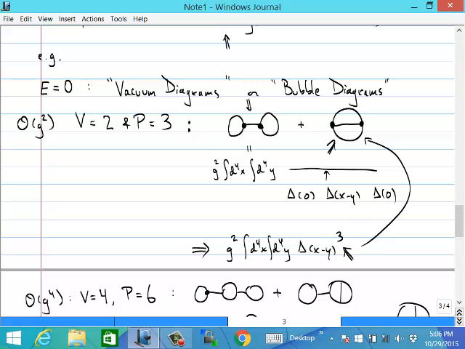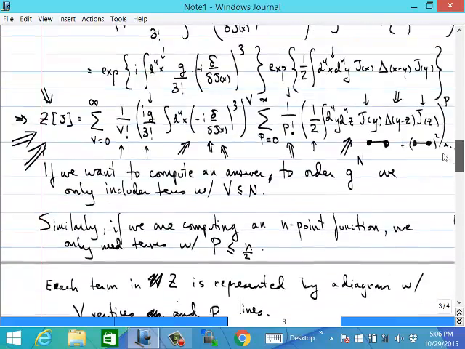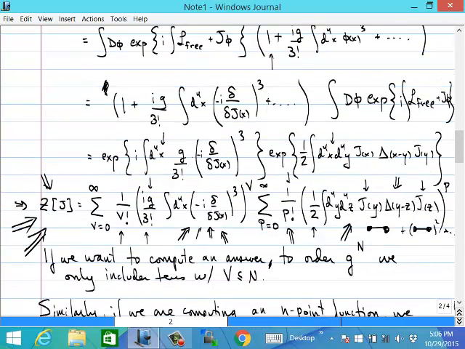Okay, why? Because there's all sorts of different ways that you could match up these d by dj's with all of the j's that appear when you expand out this term. There's 3 factorial for each vertex. And similarly, there's various different ways that you could match up these deltas with each one of those vertices.